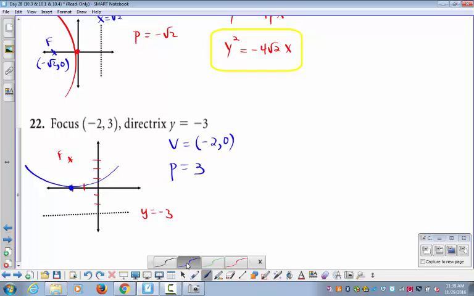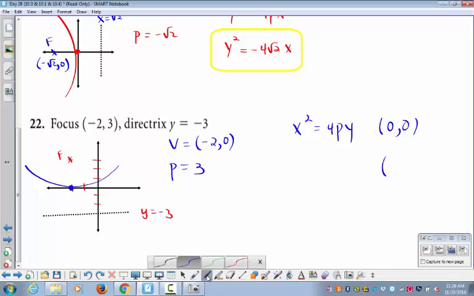All right, so let's see if we can use our ingenuity. If this was at the origin, we know that it would have what as its standard form? Yes, so this would be, if it was at the origin, x squared equals 4py.